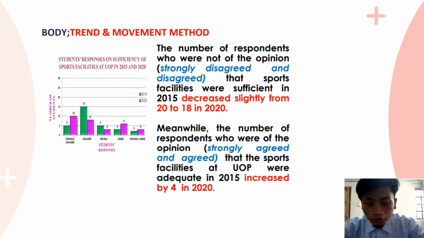Okay, now we are talking about the last method, the trend and movement method. The number of respondents who were of the opinion strongly disagree and disagree that the sport facility was sufficient in 2015 decreased slightly from 20 to 18 in 2020.